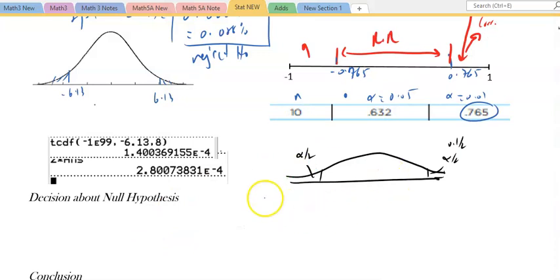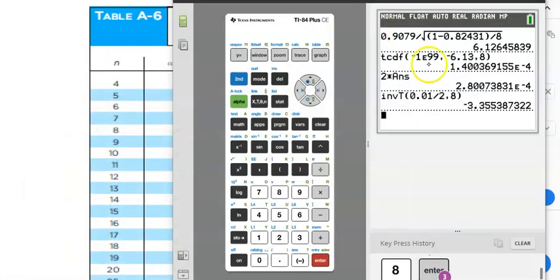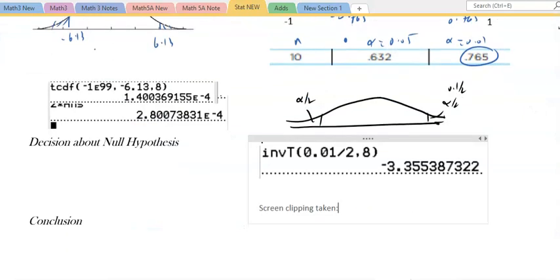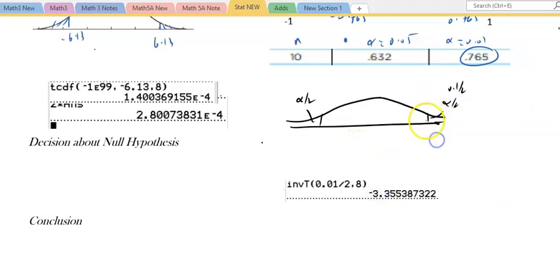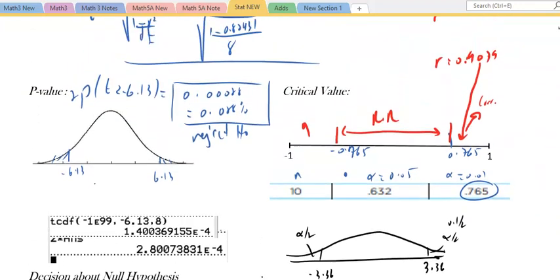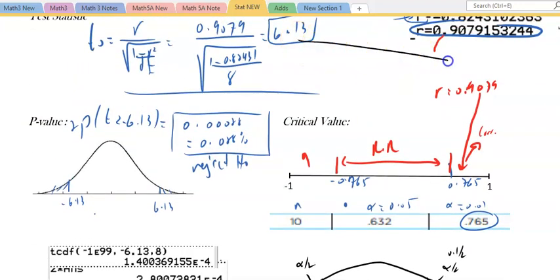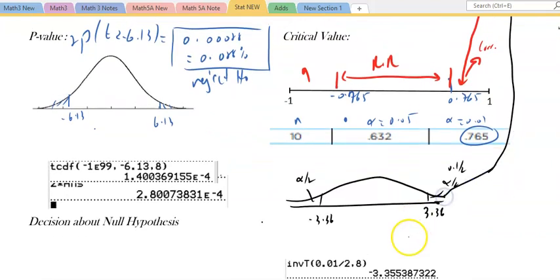And that tells me that the cutoffs are 3.36 and negative 3.36, and I notice the test statistic, which is 6 point something, falls in the rejection region.